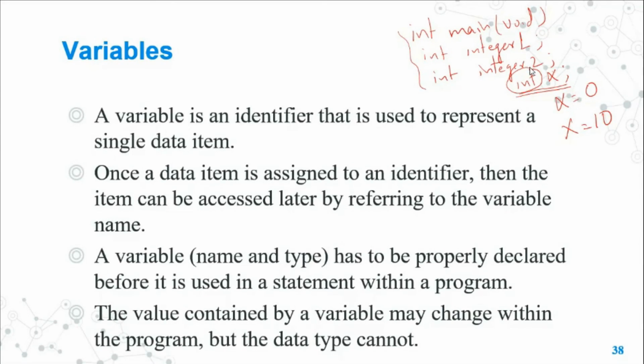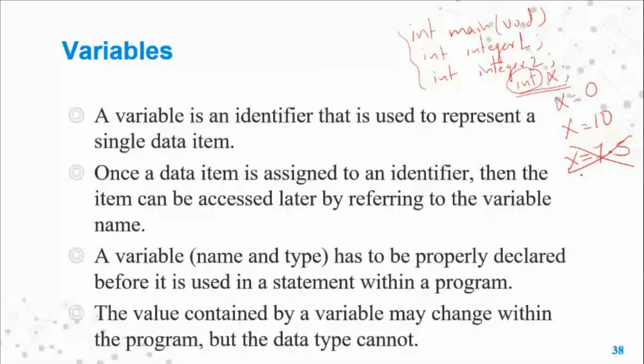So the value can change, but the data type cannot change. Any integer value can be held by this particular variable x. No other value, like 7.5, which is a floating point value, can be stored inside x. This won't work.